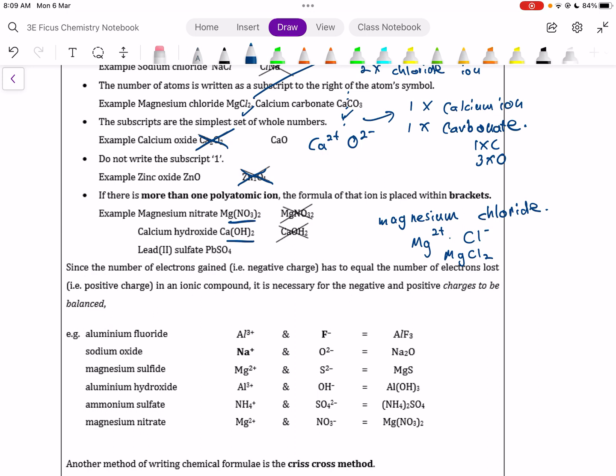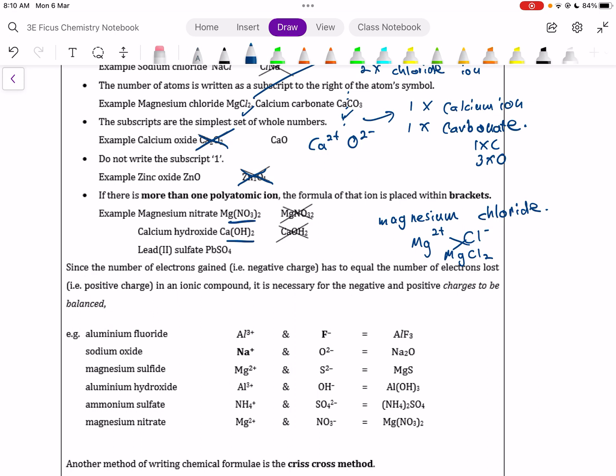You do a crisscross: 2 comes here, 1 comes here.